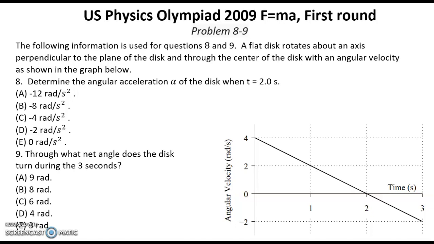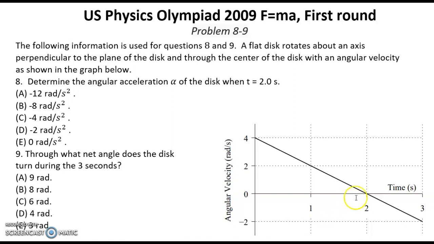Solution. We have a graph, angular velocity versus time. From this graph we can find the instantaneous acceleration just using the slope of the graph. But here we have a straight line. It means that angular acceleration is the same everywhere. So we can just calculate the slope of this line.